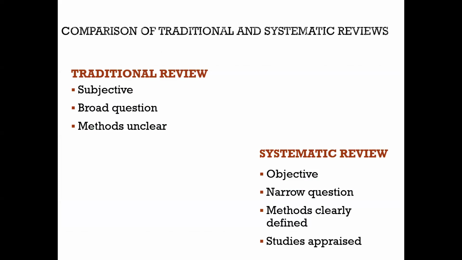See, I hope the broad question thing makes sense right now. Methods are unclear. You don't know what methods you're using. In systematic review, there will be proper objectives. The questions will be narrow. The methods are clearly defined. The studies are appraised. Okay, you will understand what I'm going to say about the systematic review. I hope you're clear with the traditional review right now. Right?